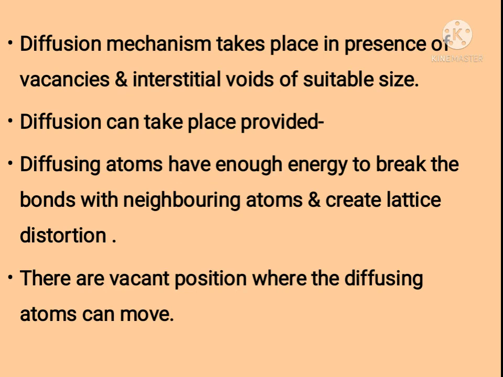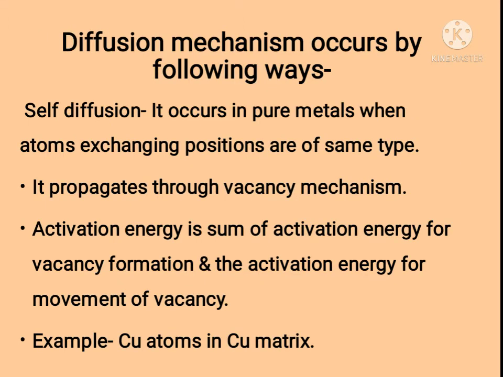For the diffusion process in solids, it needs vacancies and interstitial voids. The diffusion mechanism occurs in the following ways. First is self-diffusion. It occurs in pure metals when atoms exchanging position are of the same type.